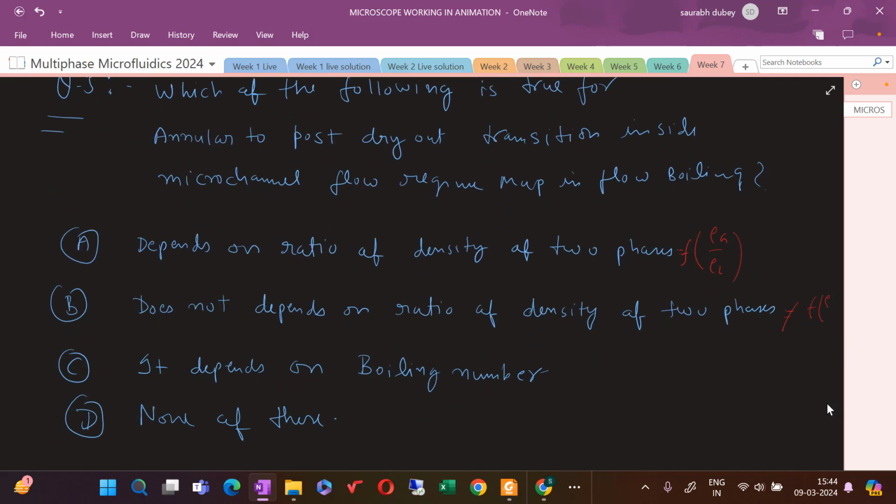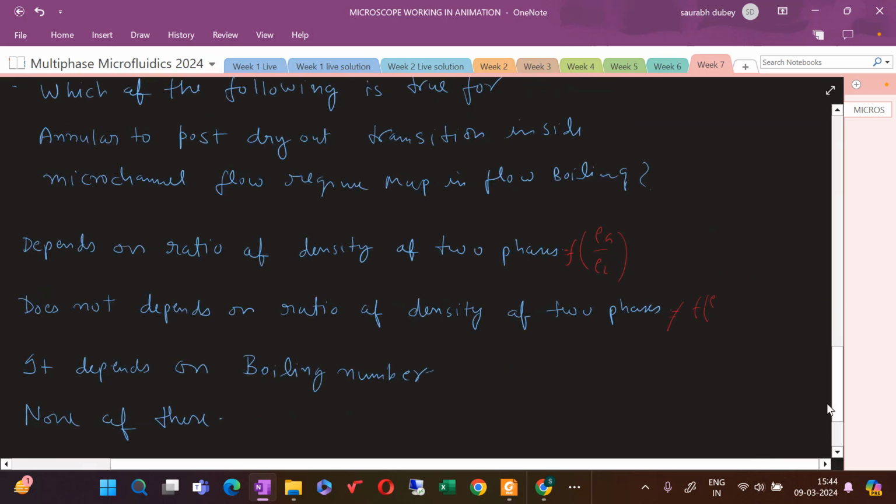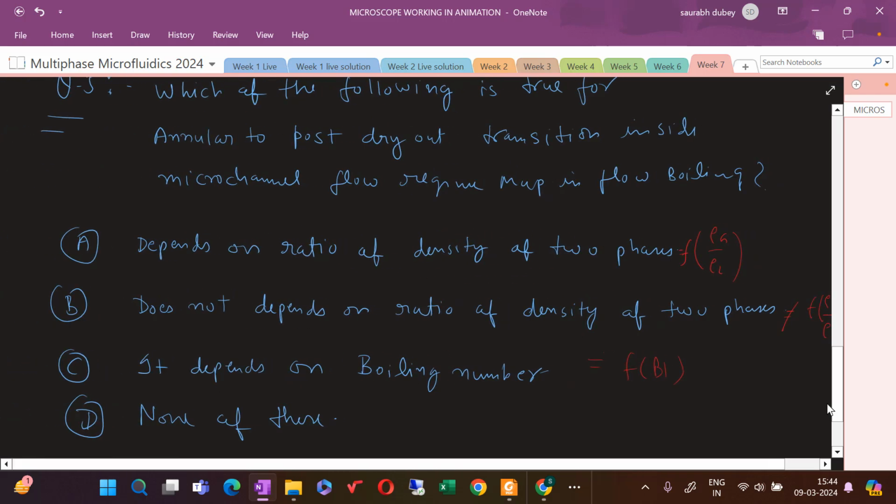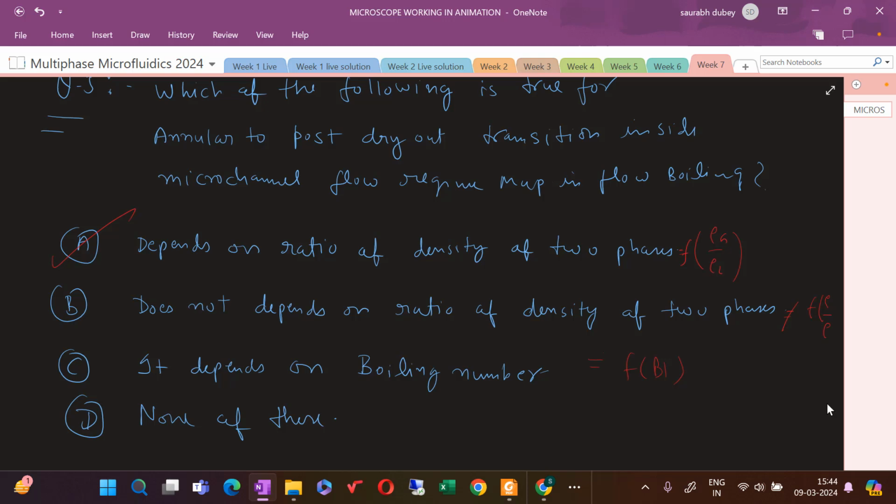You can see rho g by rho l, and it depends on boiling number. So if you see, the answer is this one, A. A is the correct answer.